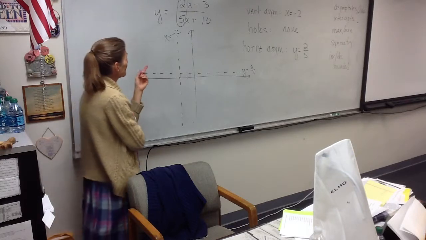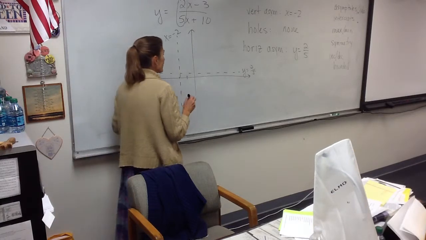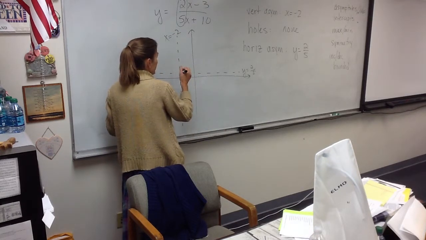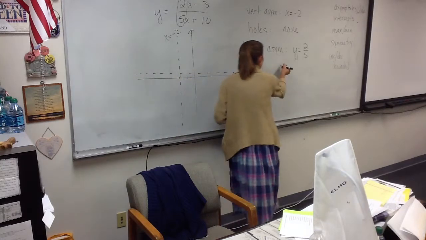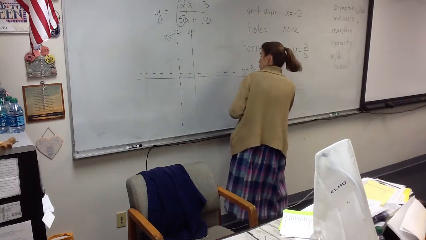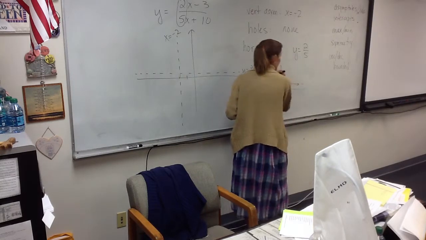The reason you have a horizontal asymptote at 2/5 is this. The horizontal asymptote is what the curve approaches. When I'm finally done sketching this, it is going to have a shape maybe like this.